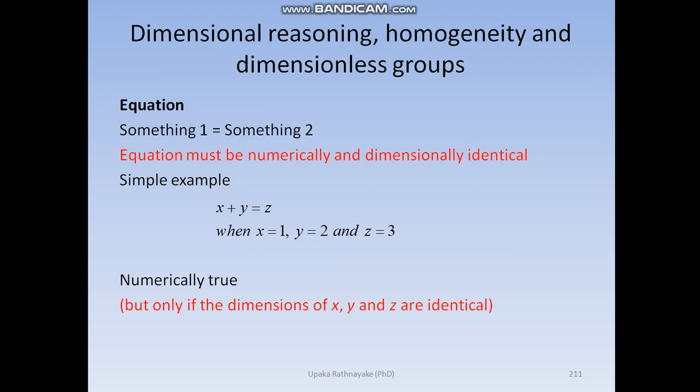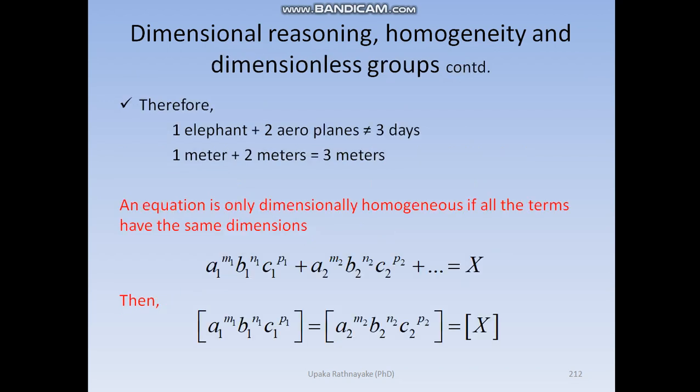Please understand these examples. When x plus y is equal to z, x, y, z should have the same dimensions. It's just like 1 meter plus 2 meters is 3 meters.